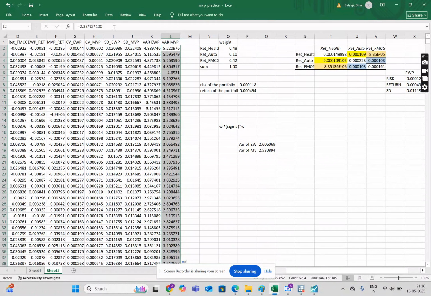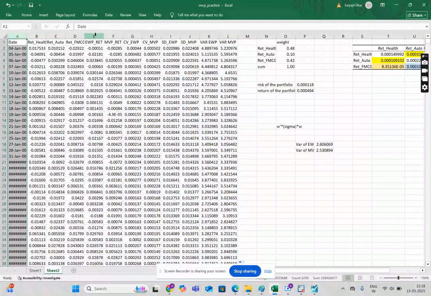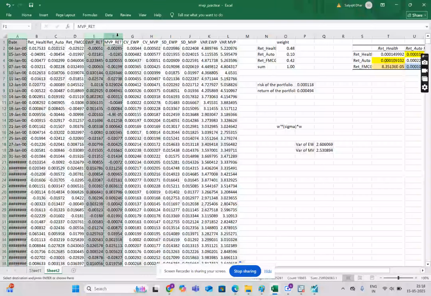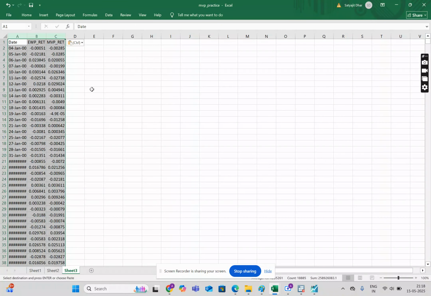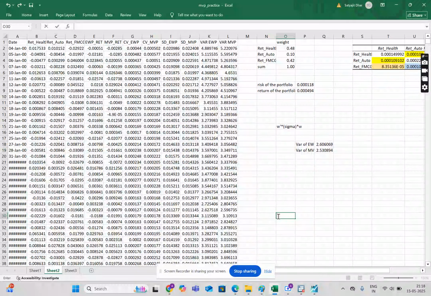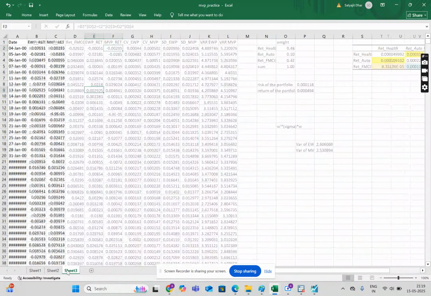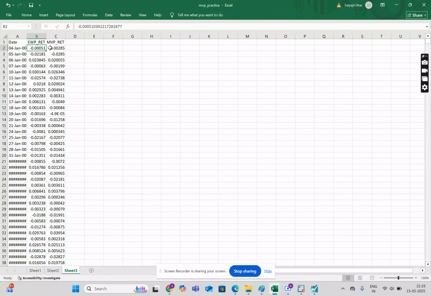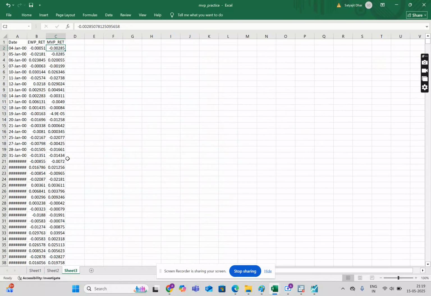For this, I will just take my date, my EWP return, and my MVP return onto another sheet. They have been pasted as values, so we don't need to worry about that.